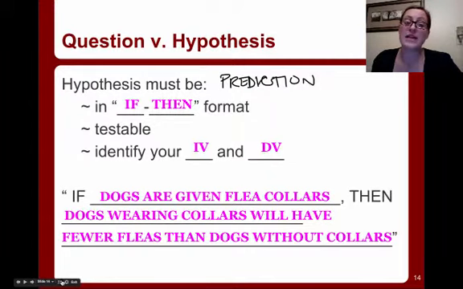It is an if-then statement. So it takes on a specific format. Within your hypothesis, you also want to be able to identify your IV and your DV. And you want to make sure that your hypothesis is something that's testable. Because at the end of your experiment, you're going to come back and see, did I support my hypothesis or do I have to reject my hypothesis?